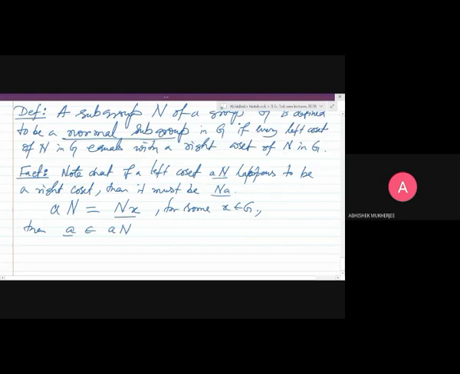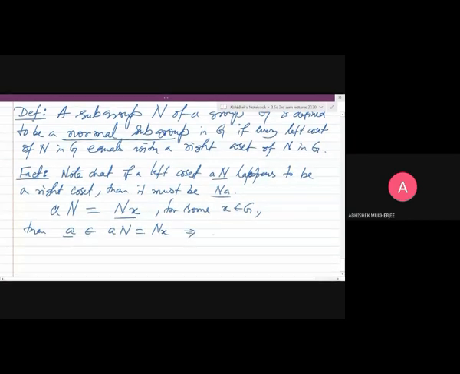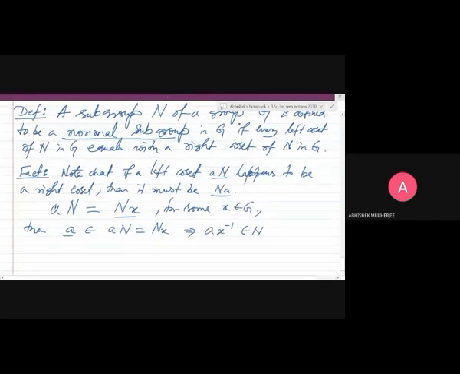So that is why a will be in aN. Now aN is Nx, right? So a in Nx means a x inverse belongs to N, by the relation that we have defined for right cosets.